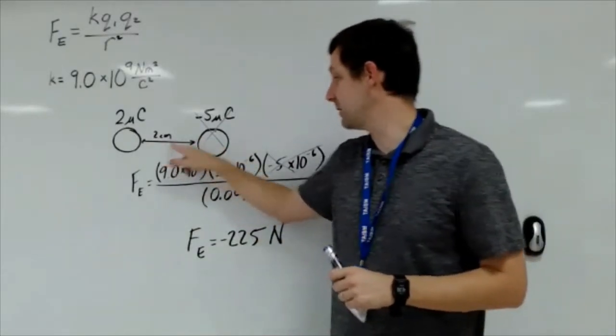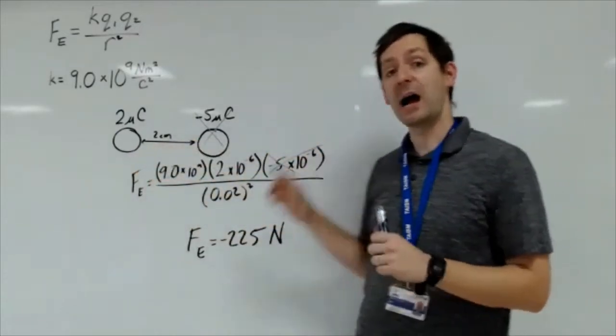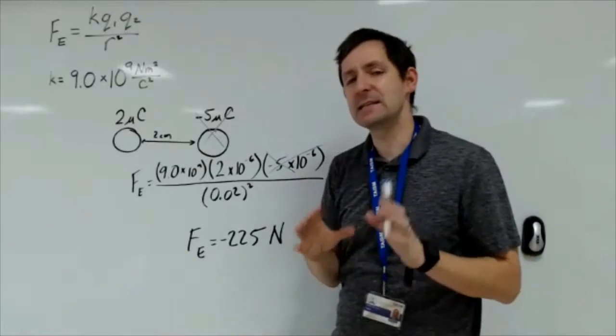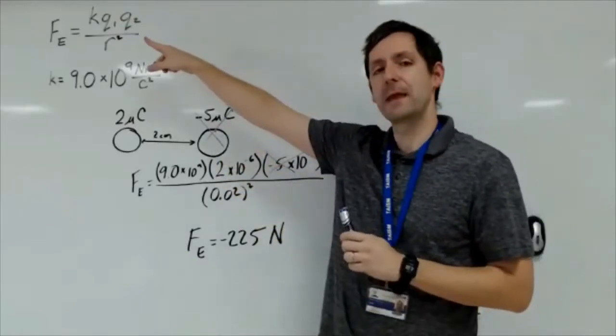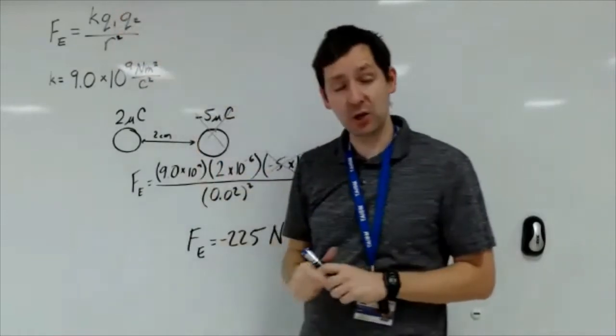Of course, I could find the strength of the field anywhere, at 1 centimeter, at a meter away. The key is that we're taking that force and dividing per unit charge. We're dividing by the Q2.